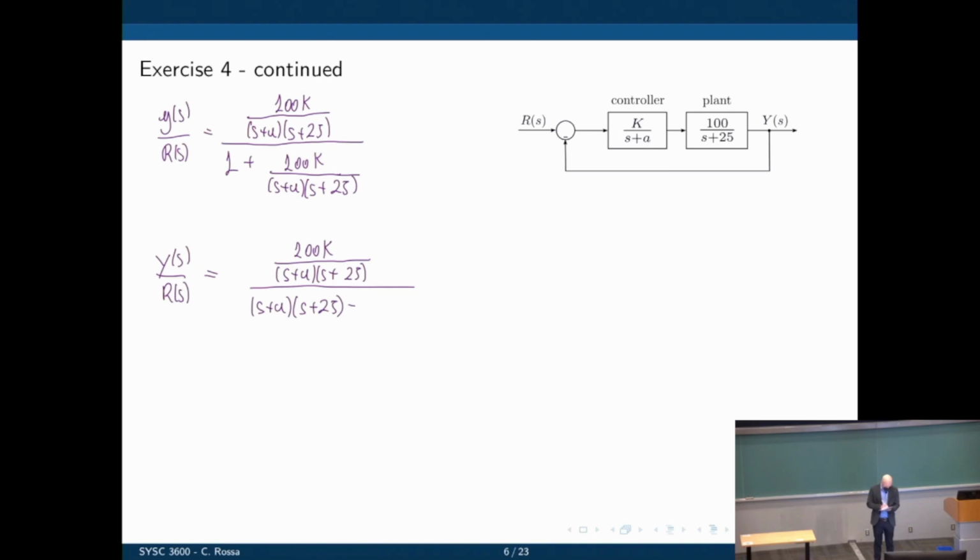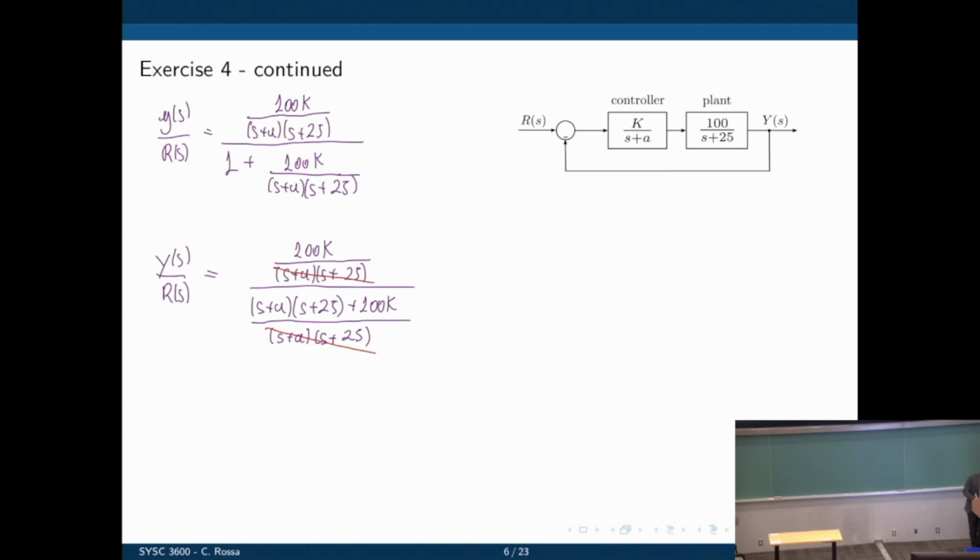At this point, you probably realize with practice that what you have to do is to add the numerator to the denominator when you do the closed loop transfer function as a shortcut. And what you have here, now we can cancel out the denominators, this one and that one, and then multiply out what you have at the bottom here.